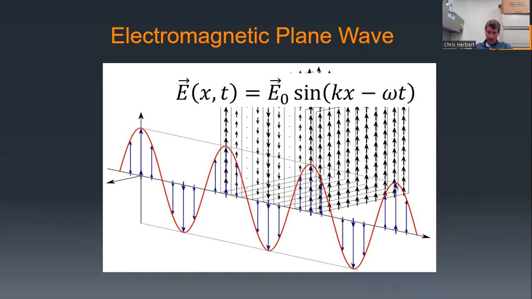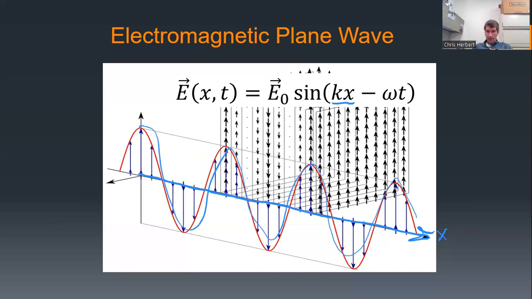This is our x direction, so we're moving through space this way, and we have kx. K is what's sometimes referred to as the wave number. It's how quickly it oscillates with respect to space.